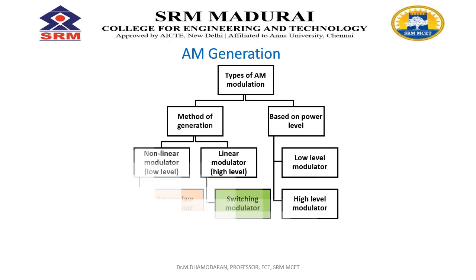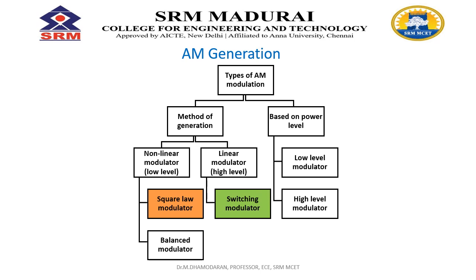Here we can see how AM is generated, that is, how we convert the low frequency into a high frequency signal. One method of generation has two parts: the non-linear modulator and the linear modulator.